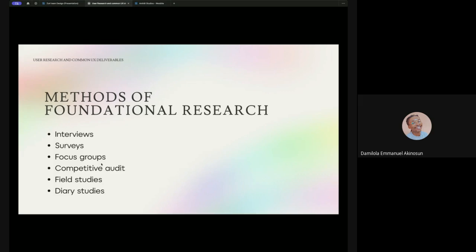It takes a lot of time, it takes a lot of effort, and it's a lot of data that comes from diary studies. But basically, that's just it, right? A method that is used to collect data about user behaviors, activities, and basically experiences over time. So these are some of the UX research methods that come with foundational research.